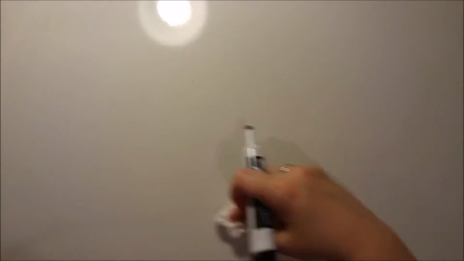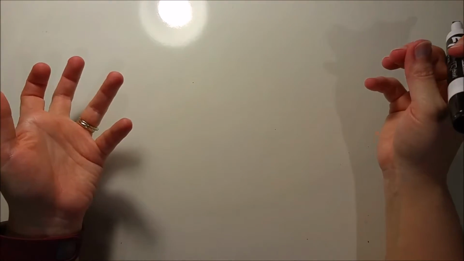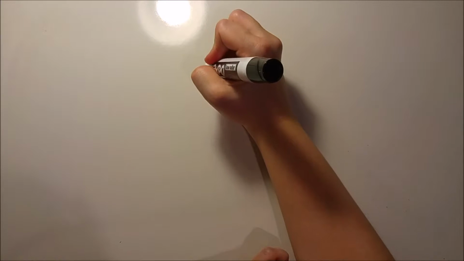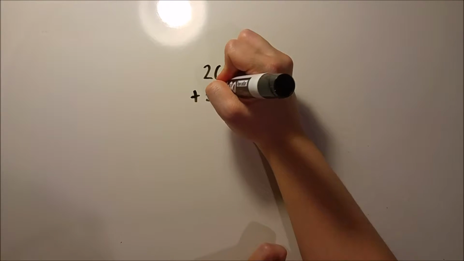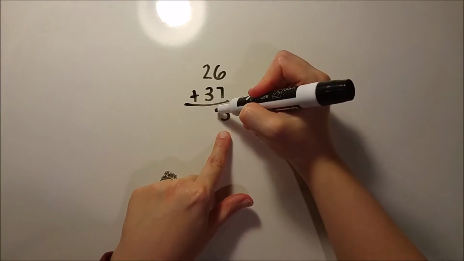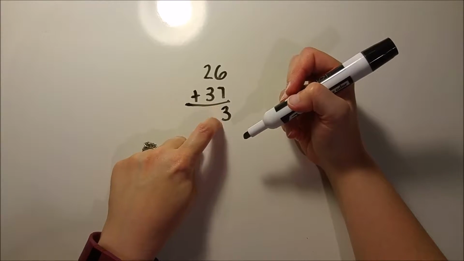So we're going to use that visualization of the tens being able to be broken down into ones. We used this a little bit last week when we were talking about adding 26 plus 37. That gave you 13, but remember we couldn't put the 1 there because that wasn't 13 ones anymore.